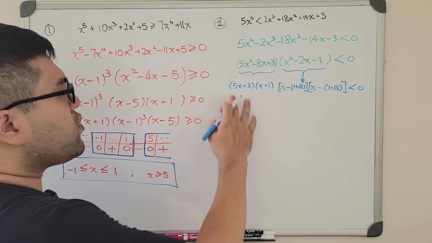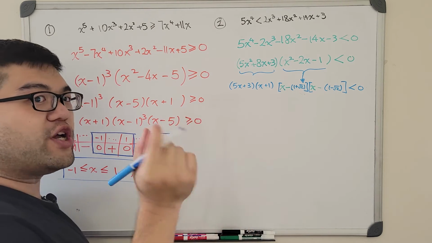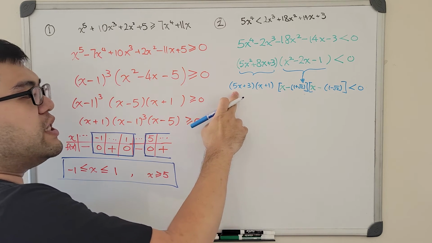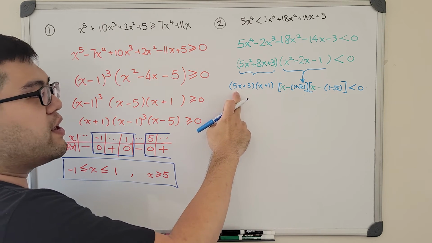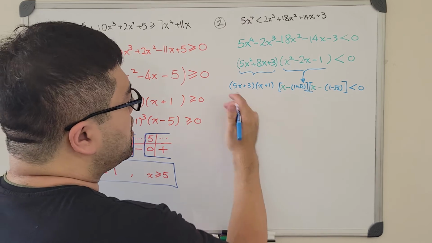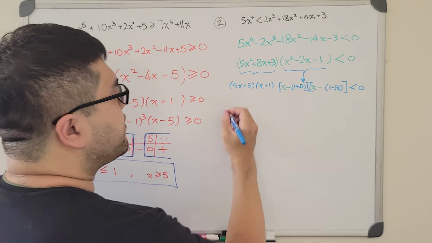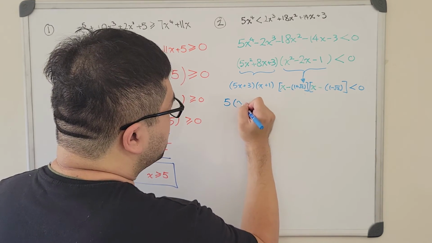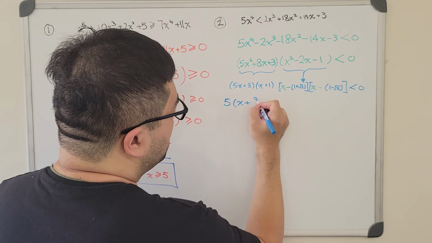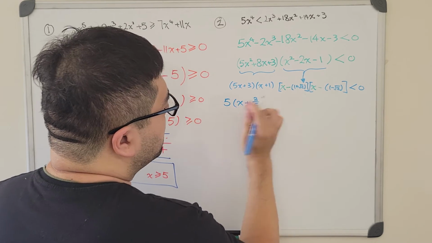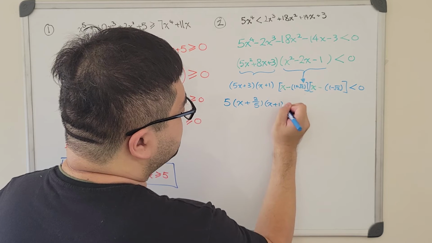So of course, the first one we still need to adjust because the leading coefficient is not 1, it's 5 instead. So what can we do? We're going to factor out the 5 so that we will get x plus 3/5 for the expression.